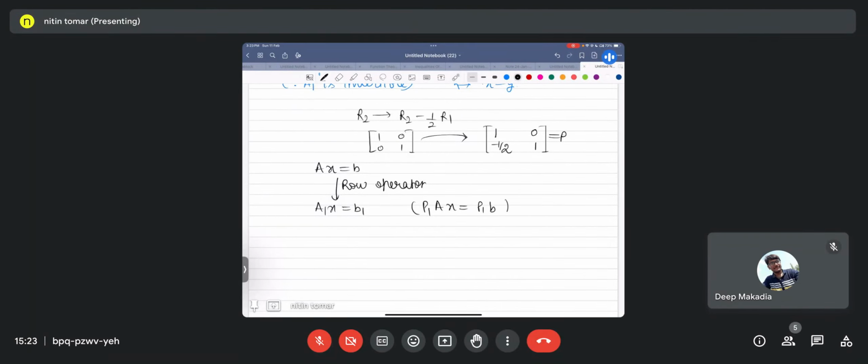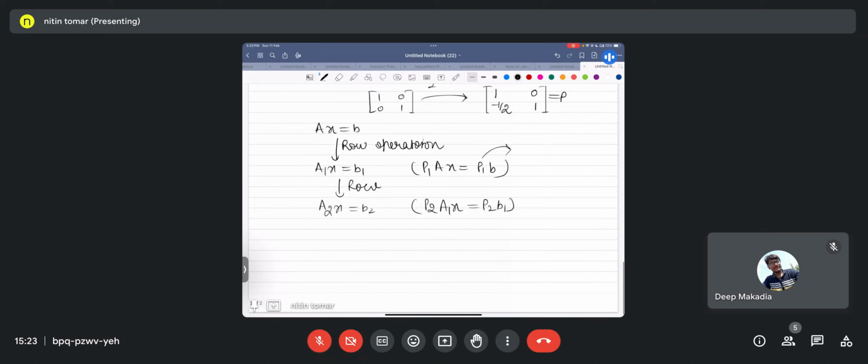This is precisely what you will get. This is your system. And where will this P1 come from? You apply the same row operation on the identity matrix. Again, you apply some row operation, you will get A2x equal to B2. But it will be like pre-multiplying another matrix to the previous row operation. And so eventually you are multiplying a finite sequence of invertible operators to your given system.